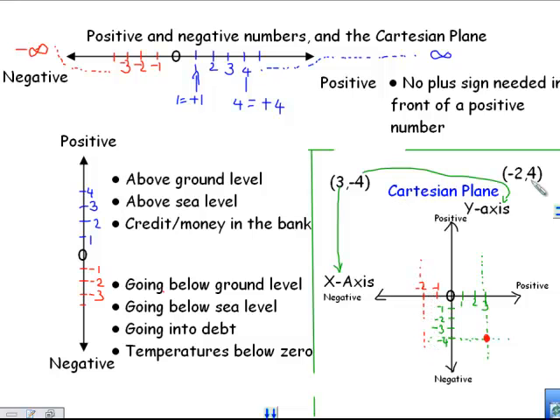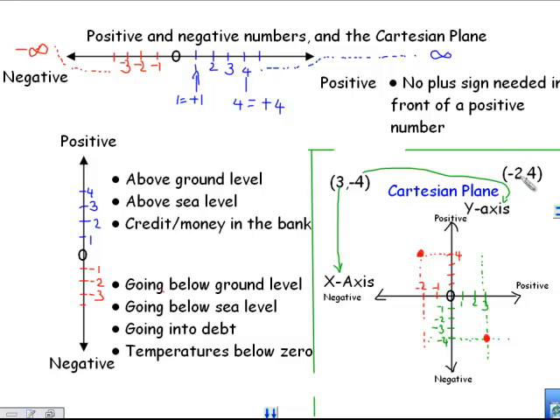At the same time, the y value has to be 4. So I know it's a positive 4 because there's no other sign in front of it. So I need to go 1, 2, 3, 4 dots to the positive side. And then I need to find where these two intersect. So obviously, it's going to be here. So where x is -2, y has to be 4.